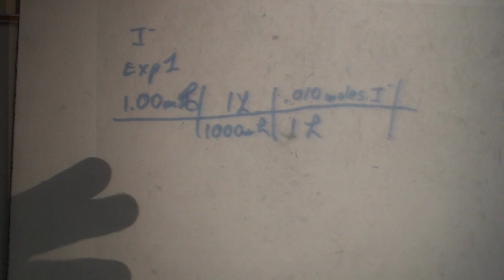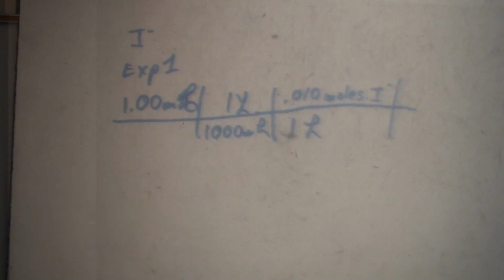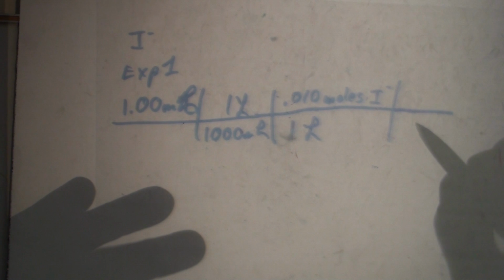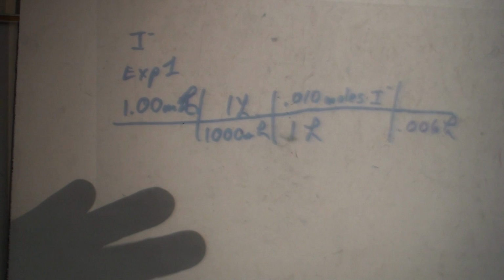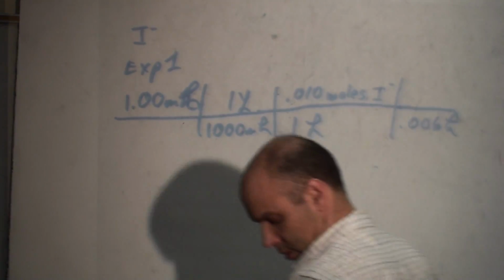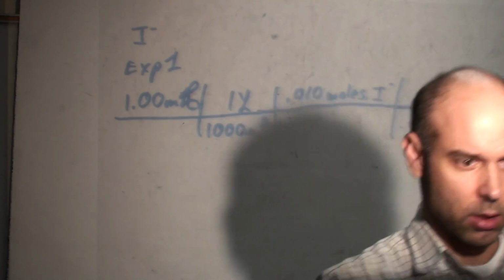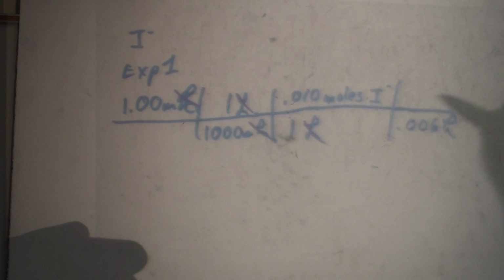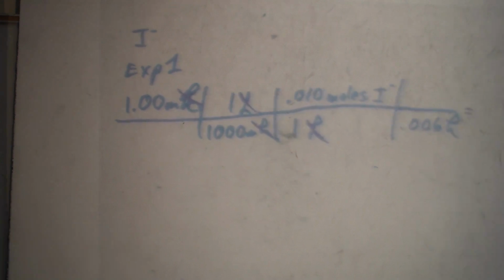But then what was the total volume after dilution? 6 milliliters, right? So we have to divide it by 6 milliliters, but molarity has to be in liters, so we're going to divide by that. If we look at what cancels, that cancels, that cancels, that cancels, that cancels, we're left with moles per liter.